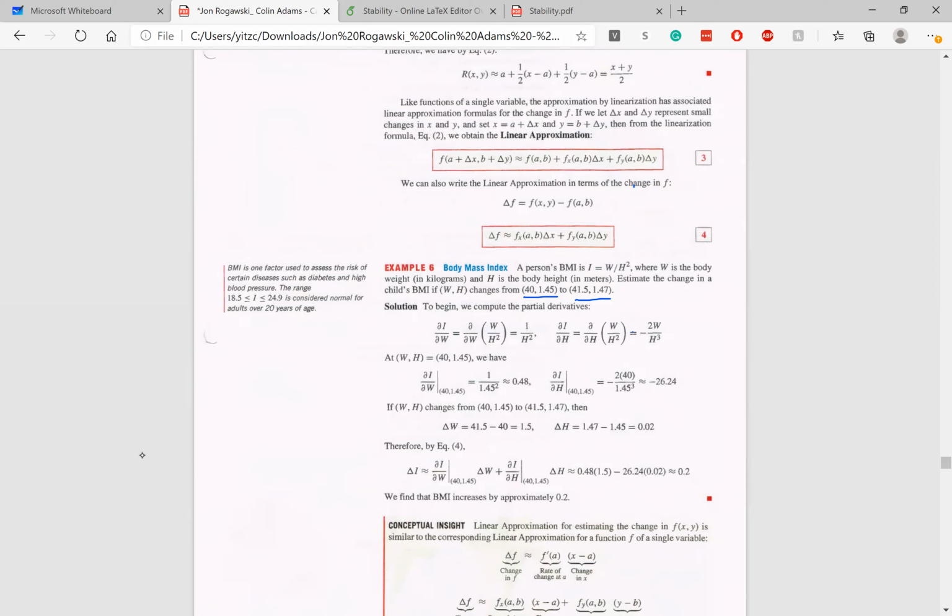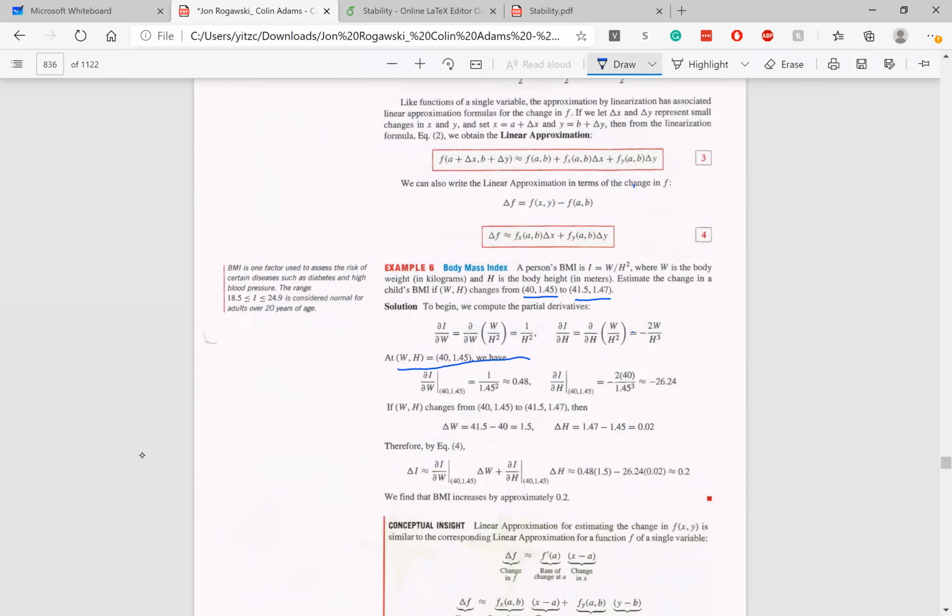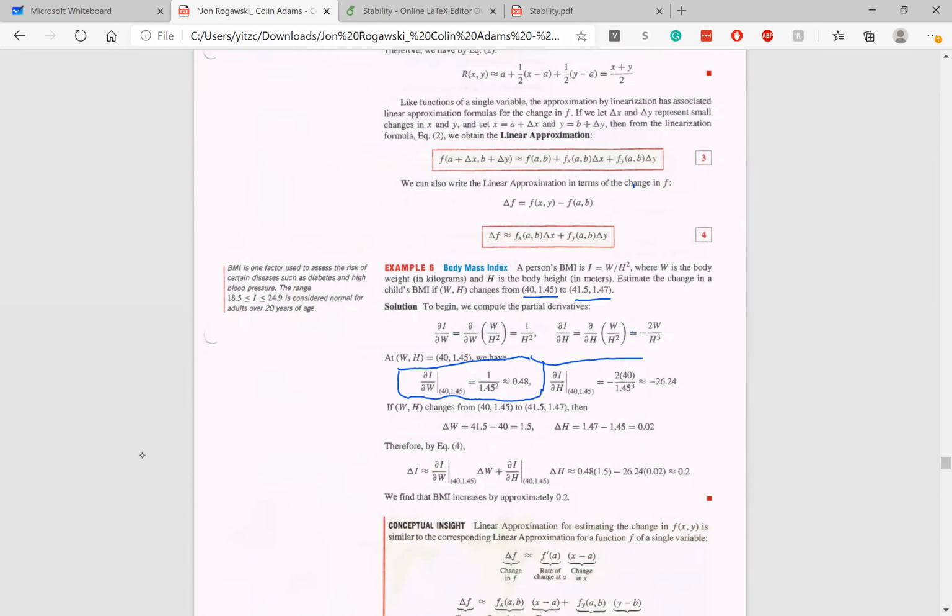But you would have to use a calculator, because it's hard to figure out what that is. That being said, it's also hard to figure out what these two partial derivatives are. But you only have to do that once. Then you can continue looking for new points, finding their deltas, and you will have a good approximation for what the change in I is.